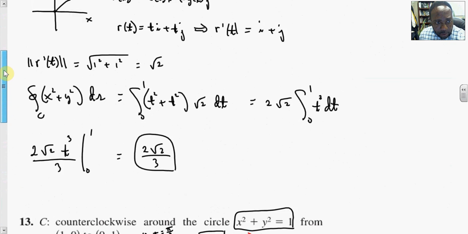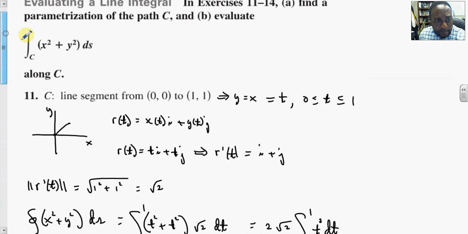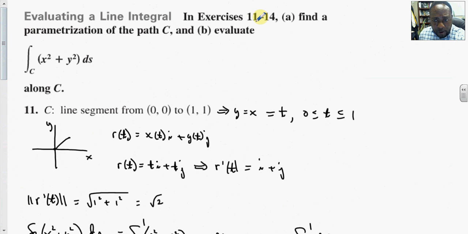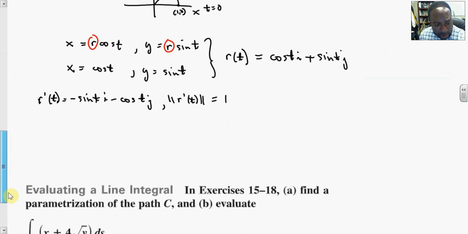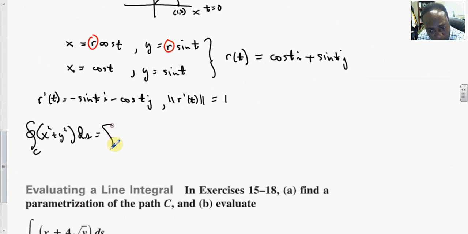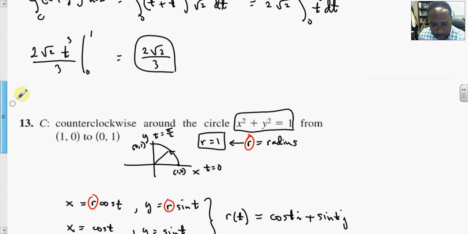Now again, what's the function? Well, for problems 11 to 14, the function is x squared plus y squared. So for this problem, you're looking for the line integral of x squared plus y squared ds, which becomes, look, t is going from 0 to pi over 2.